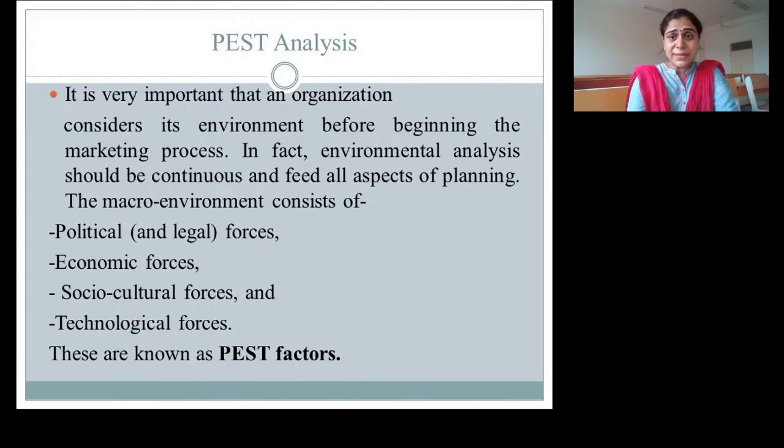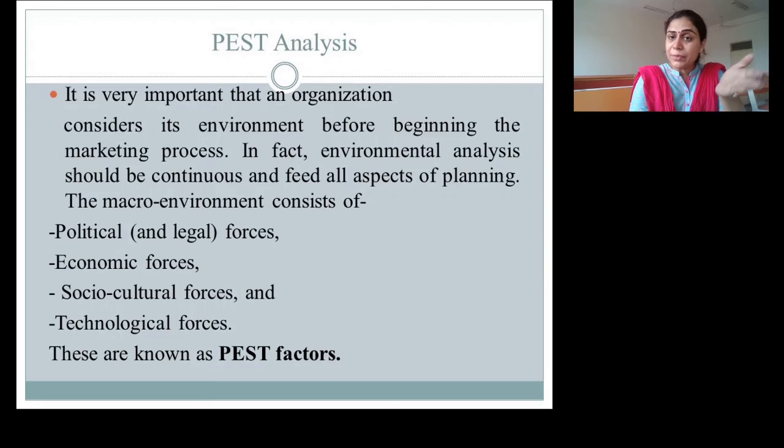Then we come down to the PEST analysis, that is political, economic, social, and technological analysis. It is very important for an organization because it studies all four aspects and considers the environment before beginning the marketing process. In fact, environmental analysis is a continuous process, and it is very important for planning and strategizing the business.